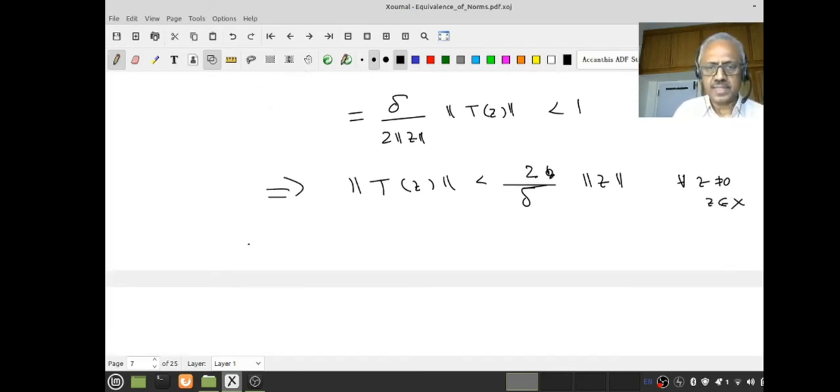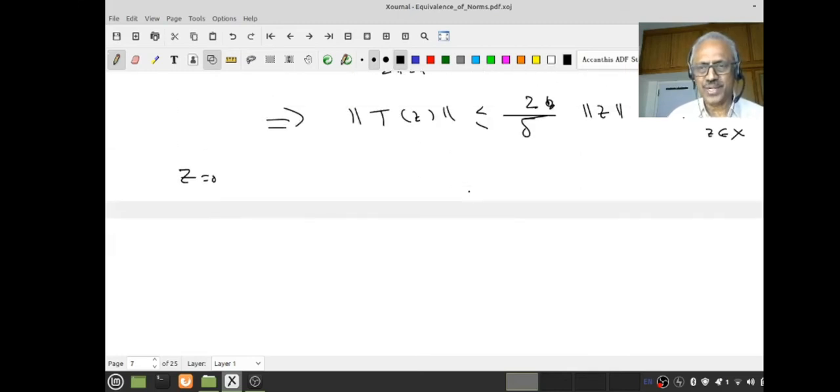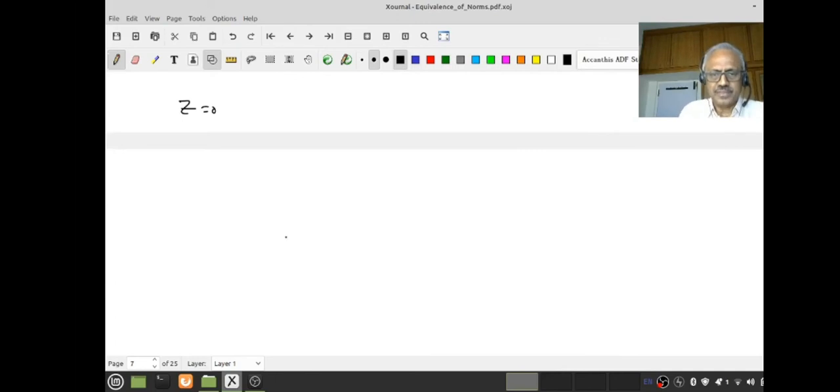And suppose z is 0. Is this obvious? Now z is 0, T of 0 will be 0, this will be 0, therefore 0 less than 0 will be wrong. So what do I do? I change it to less than or equal to. Do you understand the trick? So what do you think I have proved? Let me summarize.